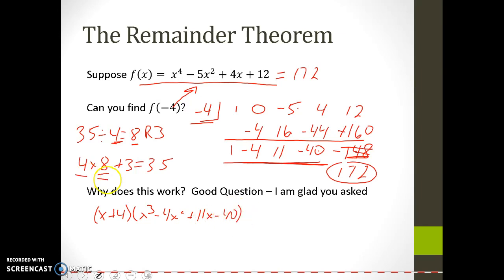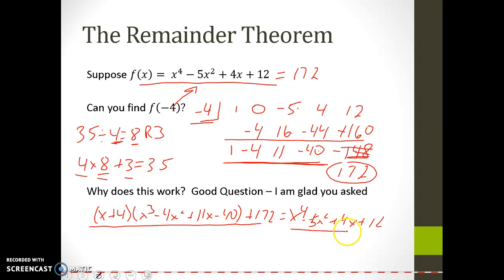Just like I did here, I can add my remainder, which is 172, and that always gives me what I started with, which is x to the fourth minus 5x squared plus 4x plus 12. That means whatever I plug in here, I'm going to get the same answer if I plug it in here, because those two things are equal to each other.